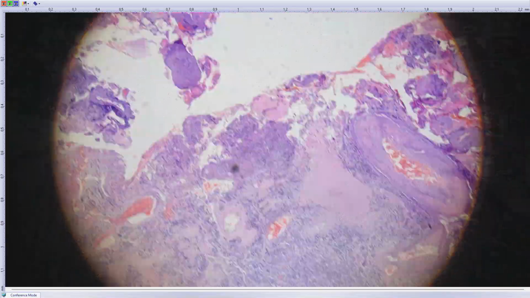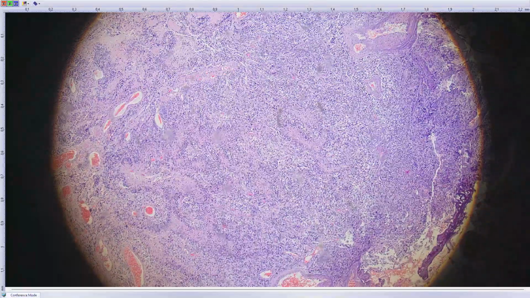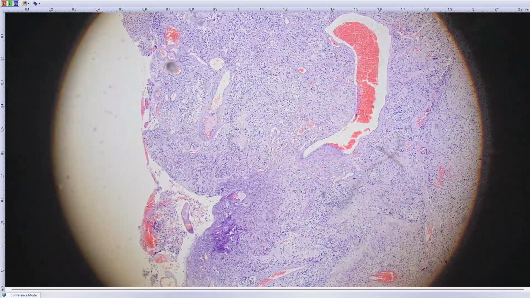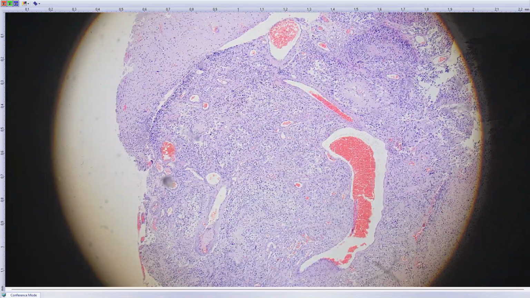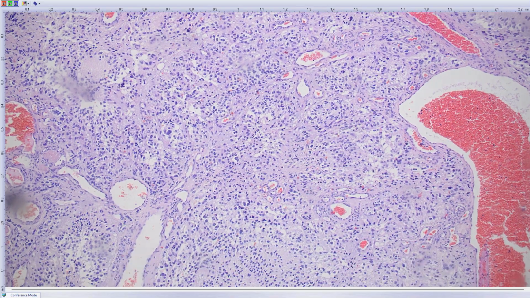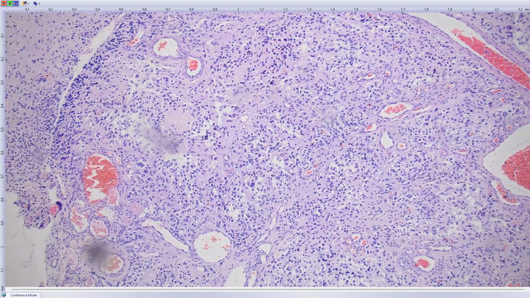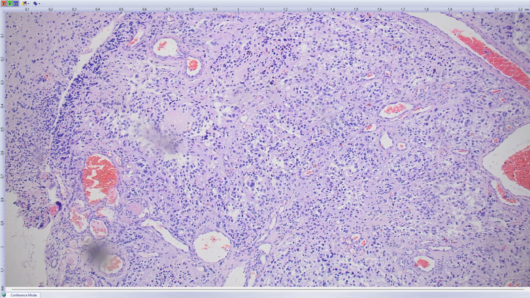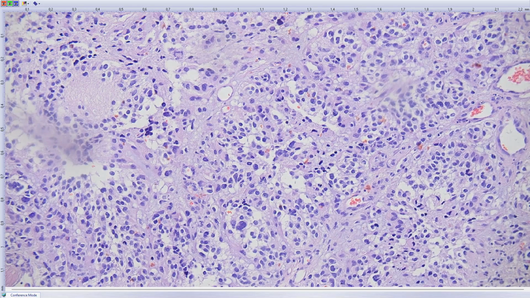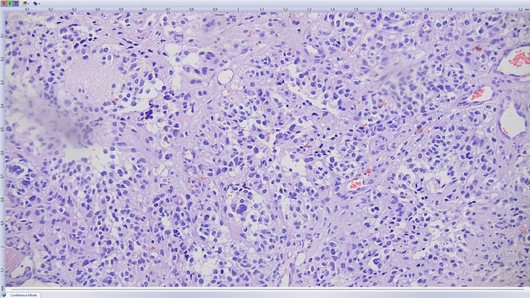My second case is a brain tumor in an older gentleman with previous diagnosis of urothelial carcinoma. And the case was sent with a question whether it's a primary tumor or a metastasis of urothelial carcinoma.